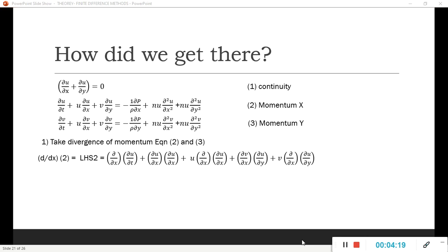So spend some time and think about this particular derivation. I'll explain it one more time just to make it clear. So we take the dou by dou x of every term in this left hand side.